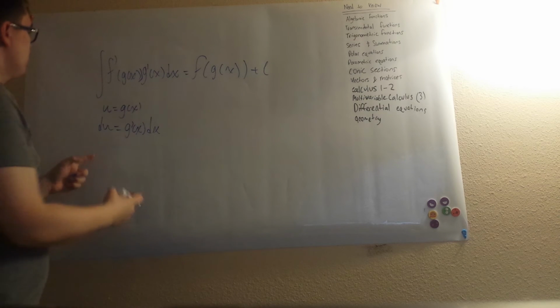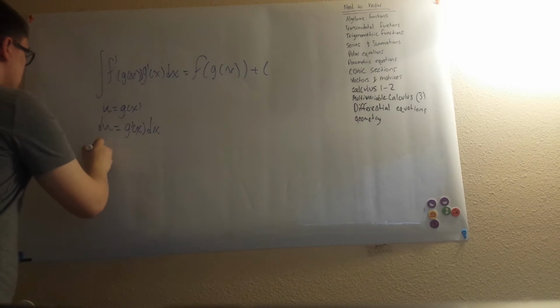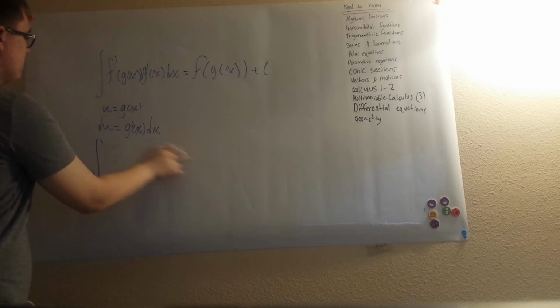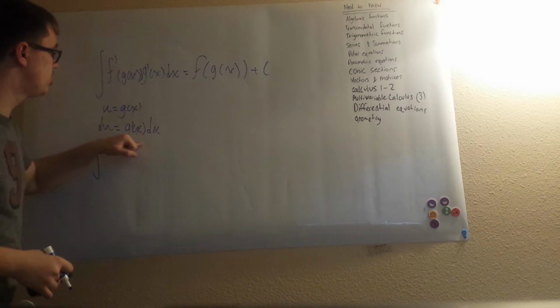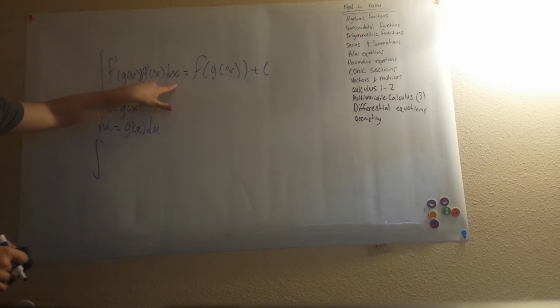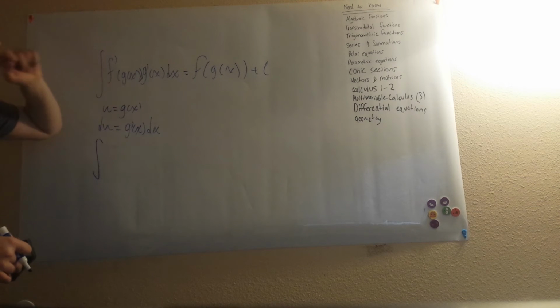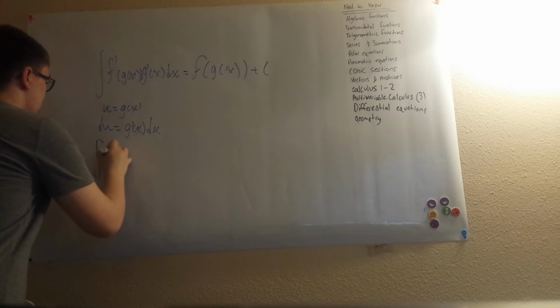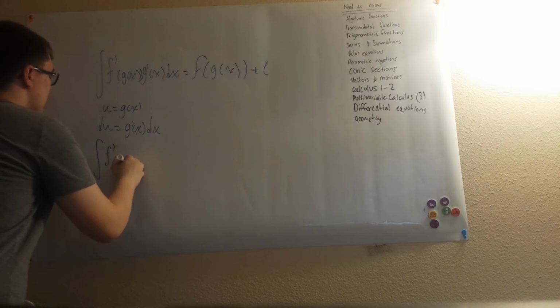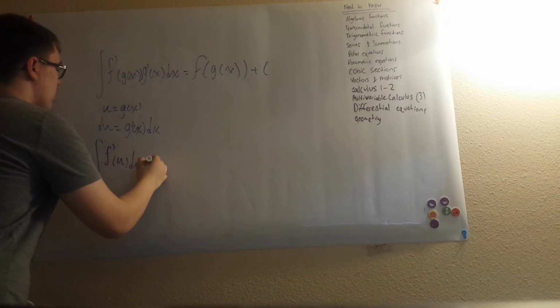And what we're doing to this form is saying, well, let's do the integral. u equals g of x, right? du equals g prime of x dx. Well, we have that. Let's substitute that. So we now have the integral of f prime of u du.